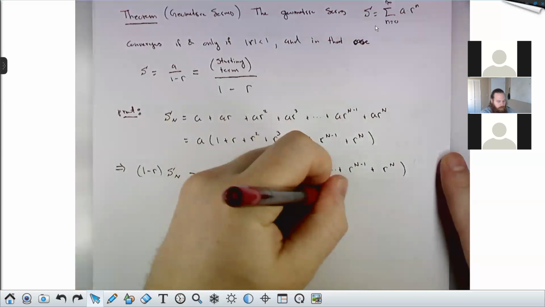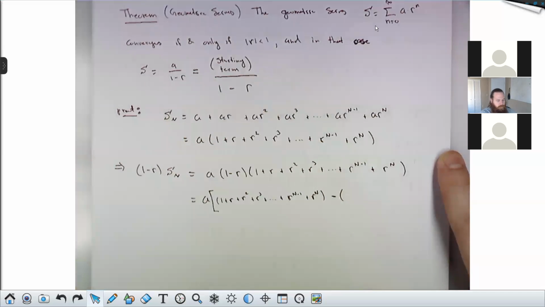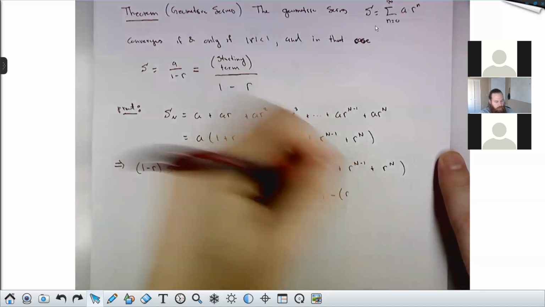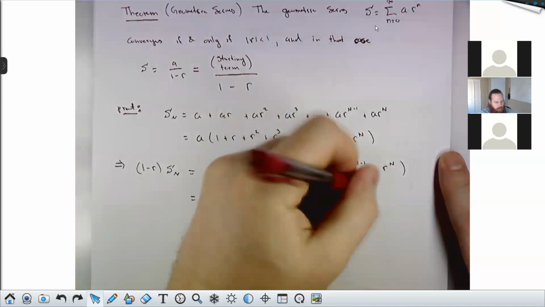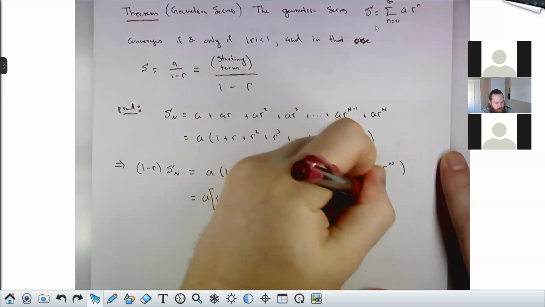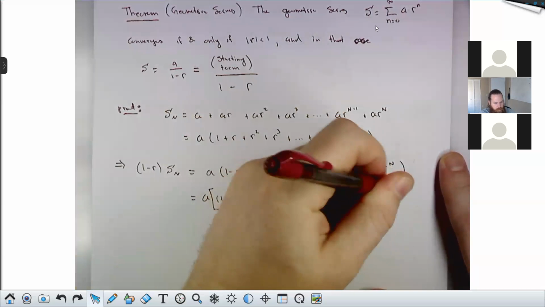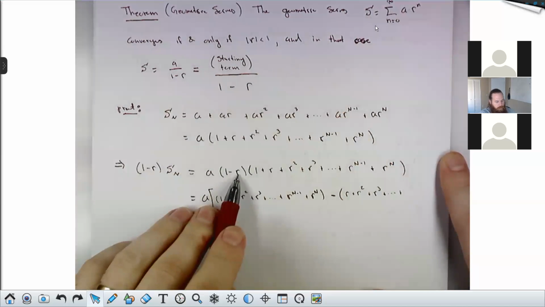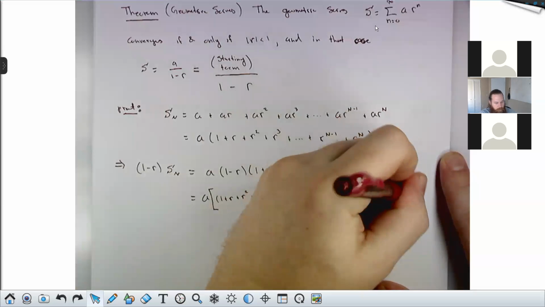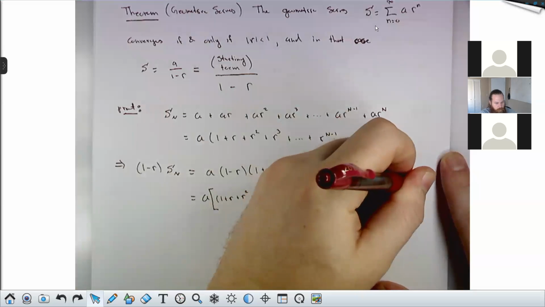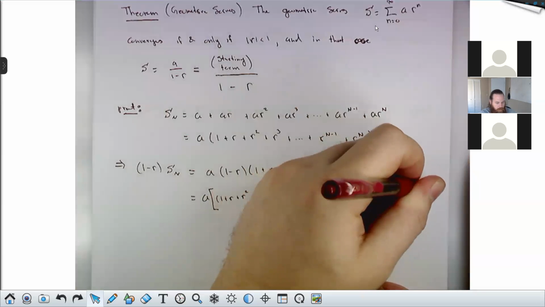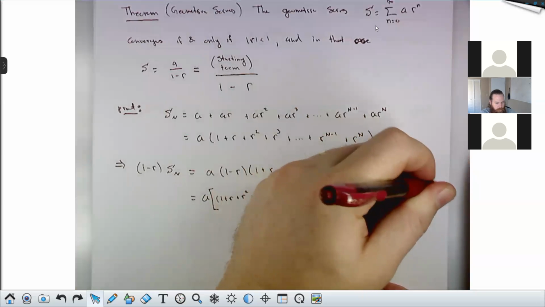And then when I distribute the r, I'll have minus the sum. r times 1 is r, r times r is r squared, r times r squared is r cubed, and this will continue all the way out until you get to r times the term right before this, r to the n minus 1, and then r to the n, and then r to the n plus 1.